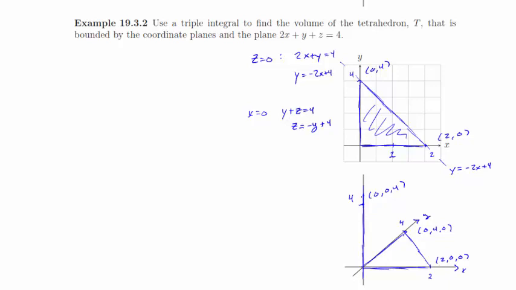So we go from this point down to there, and then if y equals 0, we get 2x plus z equals 4. So z equals negative 2x plus 4. So here we're going to have the line go down, starting again at the point 0, 0, 4, and then down 2 over 1, and then down 2 over 1 gets us again to the point 2, 0, 0.